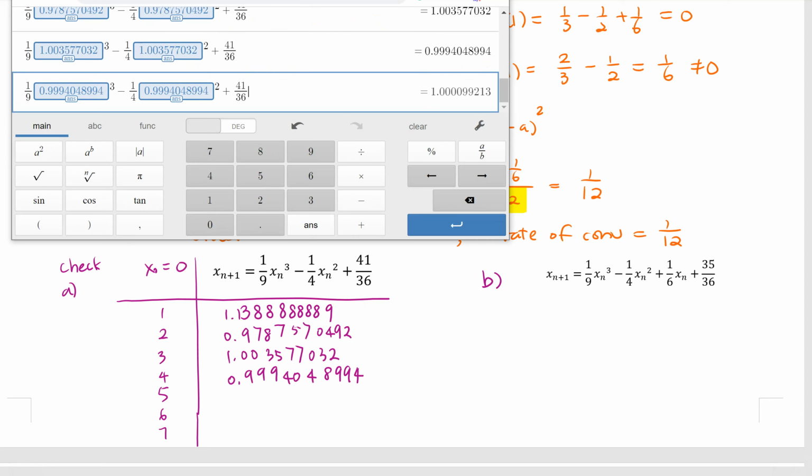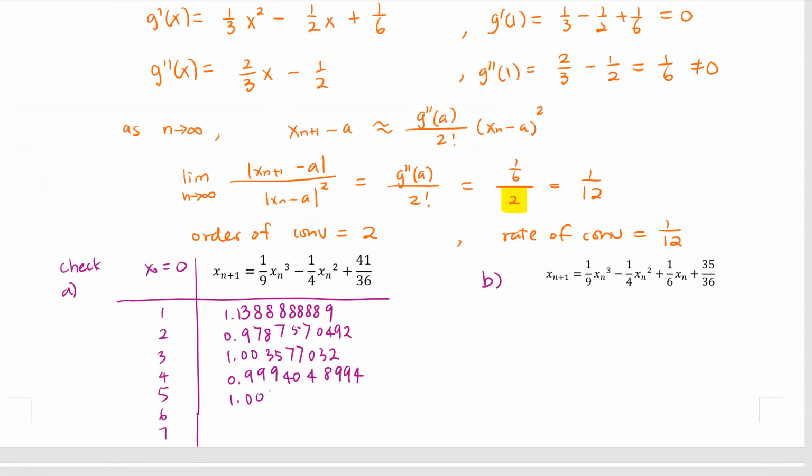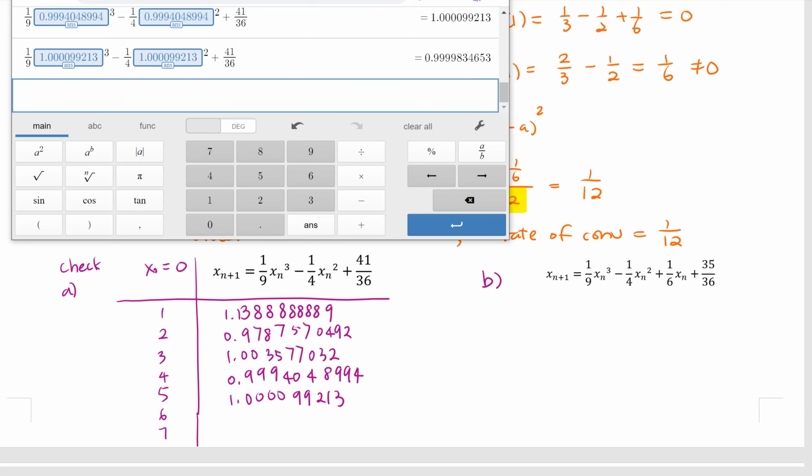And continue. 1.000099213. Okay, continue. 0.999983463.